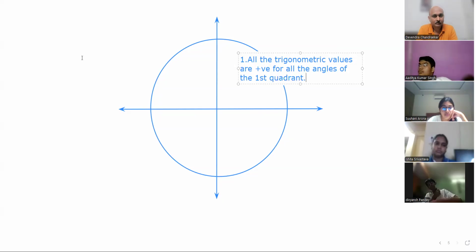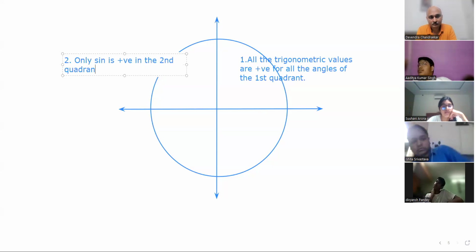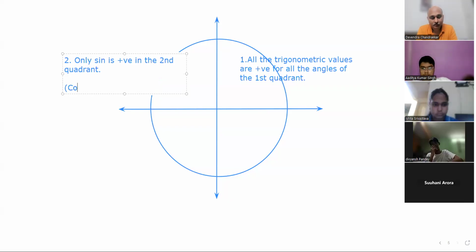Second, only sine is positive in the second quadrant, right? That is, cos and tan.